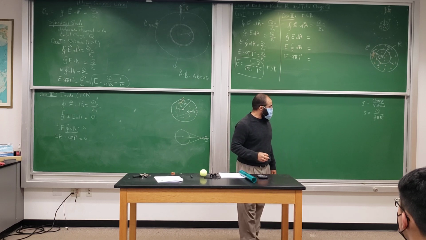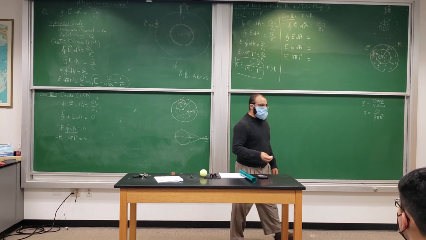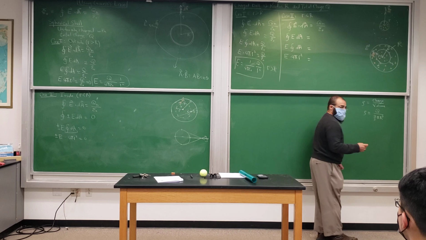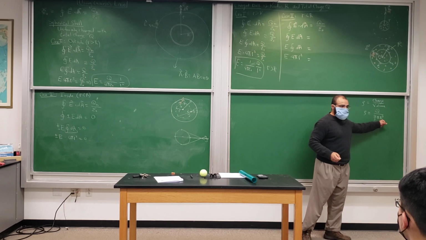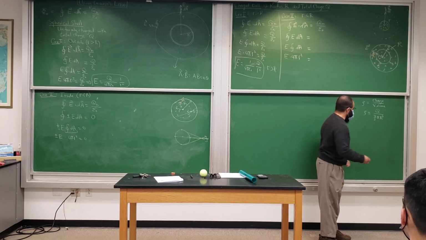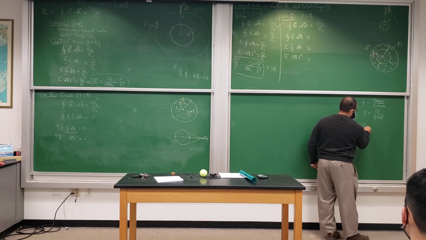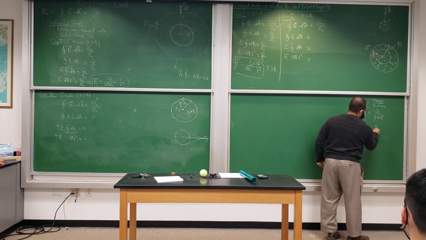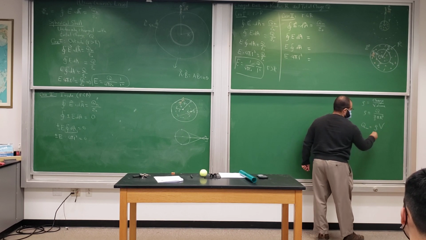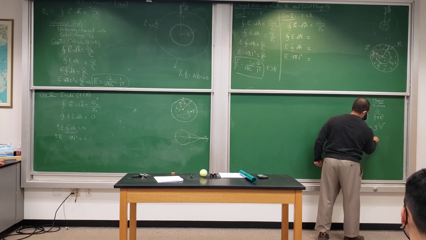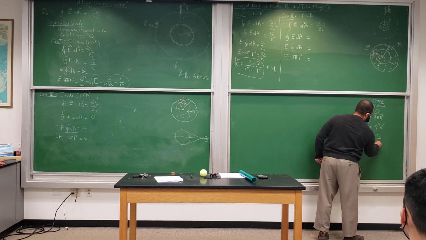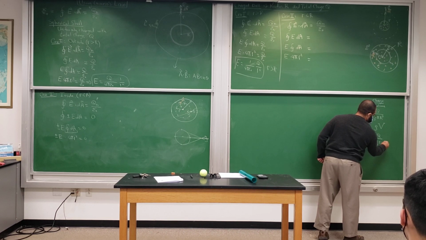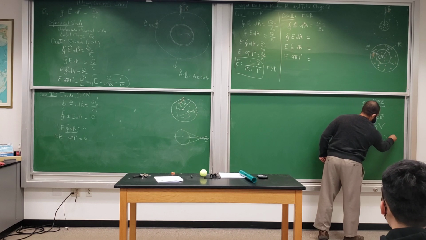So the charge within my sphere of radius little r, not radius capital R, will be this. It will be rho times the volume. So rho is Q over 4/3 pi R cubed, times the volume.